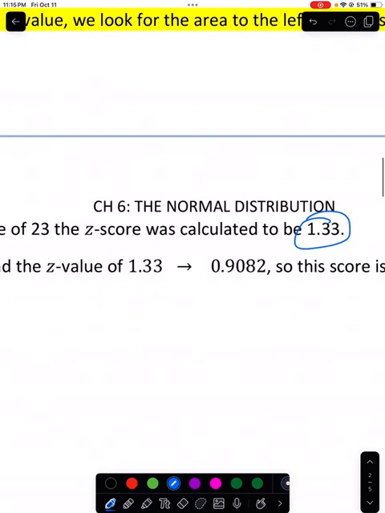We can write it like this. When you calculate the z value, which I think we did like this, 23 minus 21 over 1.5, and it gave us 1.33, then you don't say equal to. This is wrong.